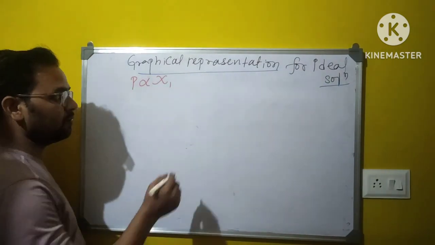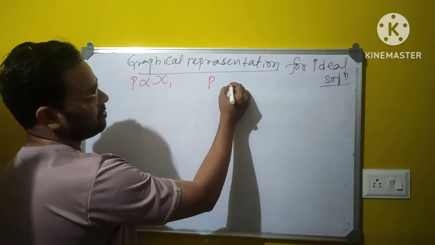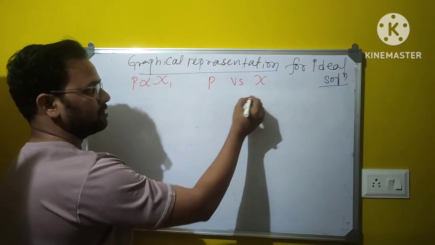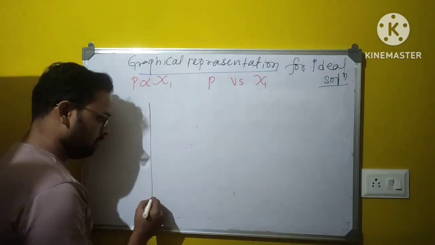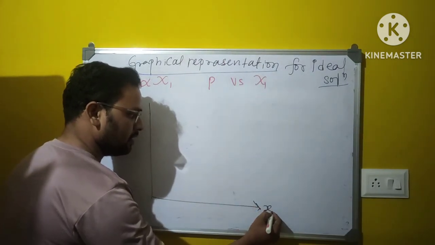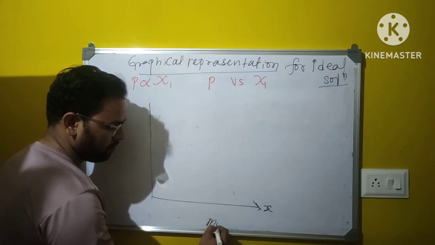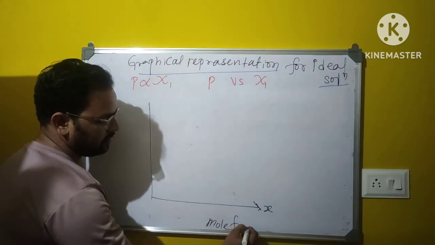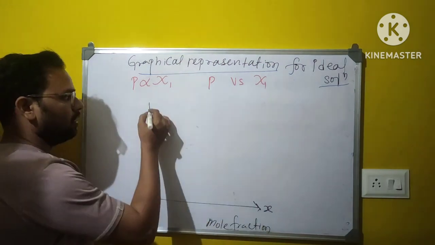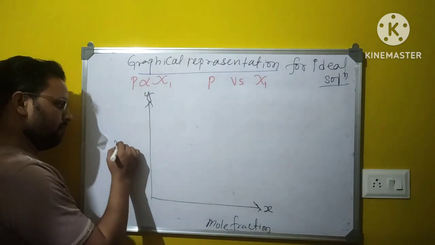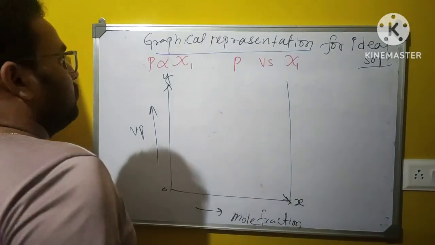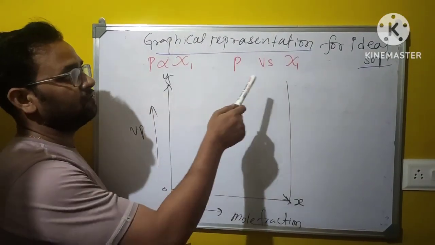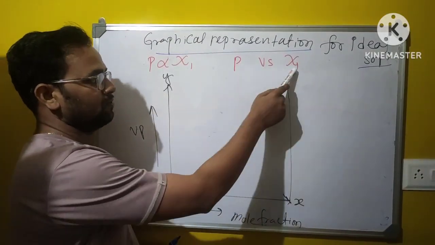Now take a graphical representation, partial pressure versus mole fraction. On x-axis mole fraction. On y-axis vapor pressure.